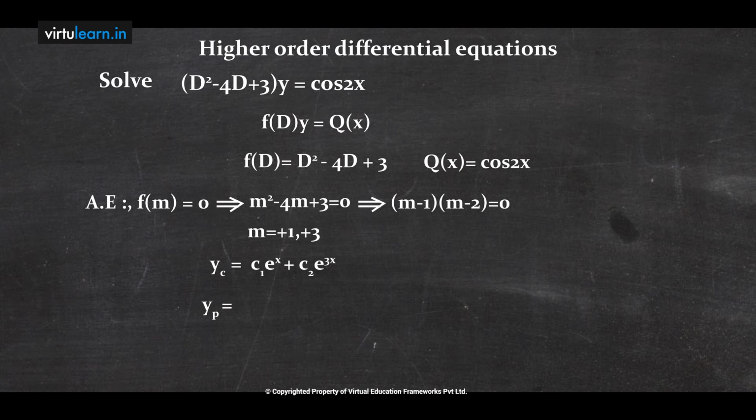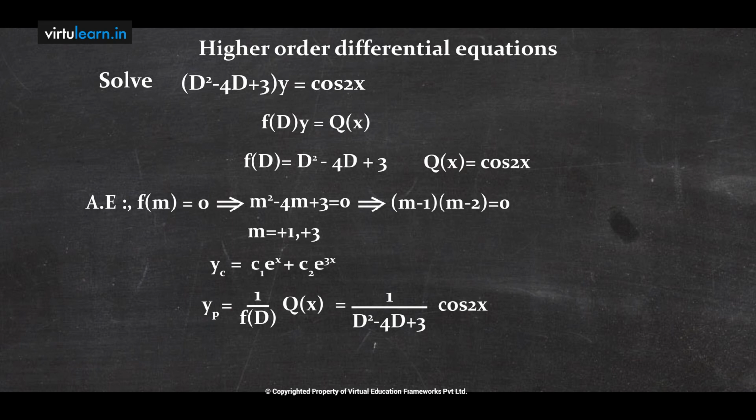When I write yp, you have to understand that it is the particular integral. yp equals 1 by f of d into q of x, this is the general formula. So 1 by d square minus 4d plus 3 into cos 2x is the particular integral.